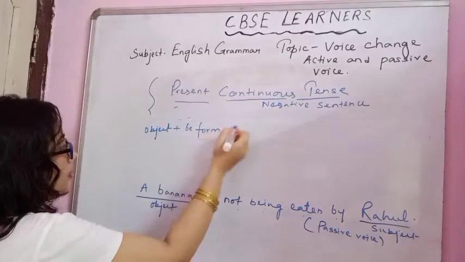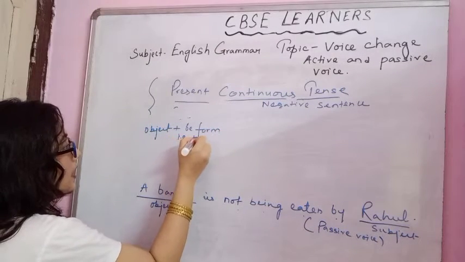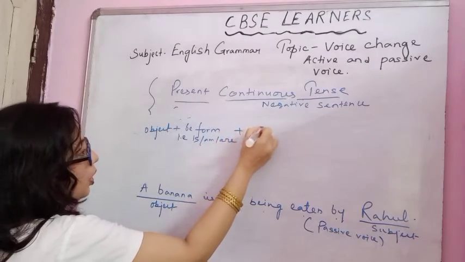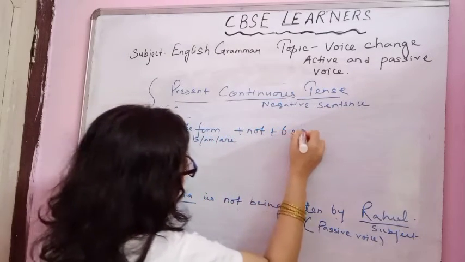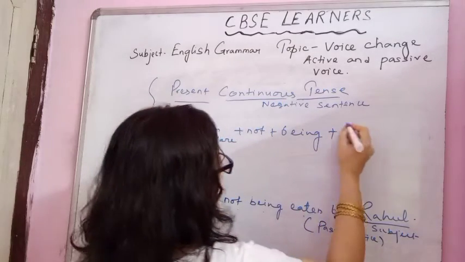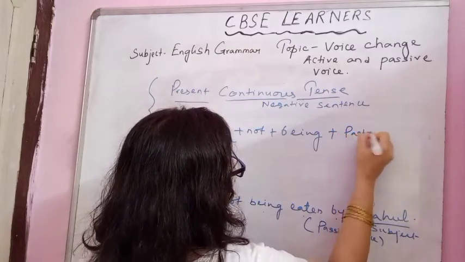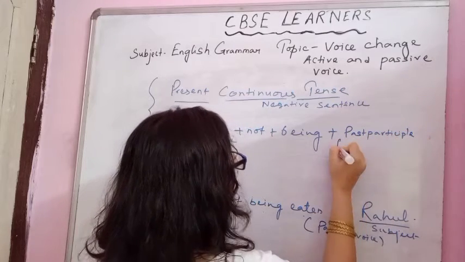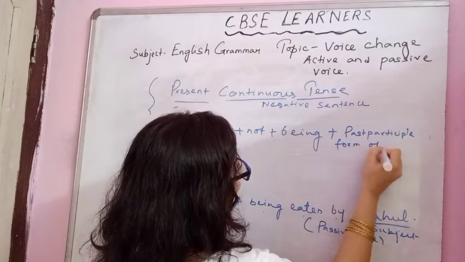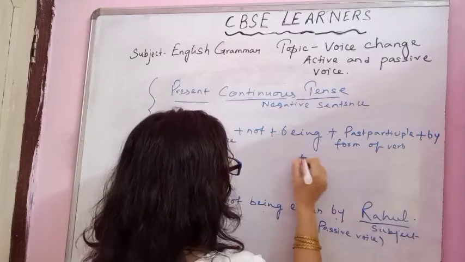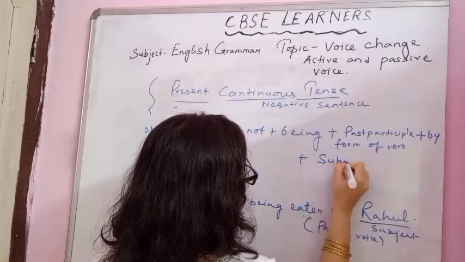So object plus be form, that is, is, am or are, plus not, plus being, plus past participle form of verb, plus by, plus subject.